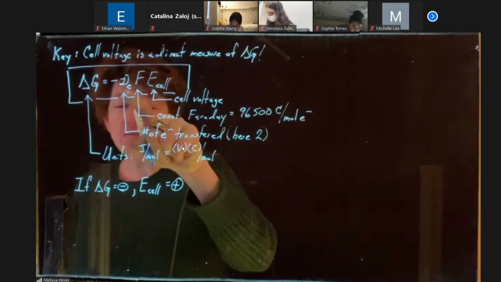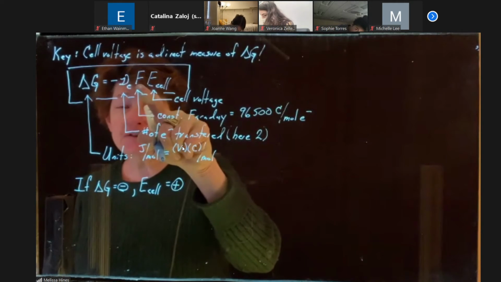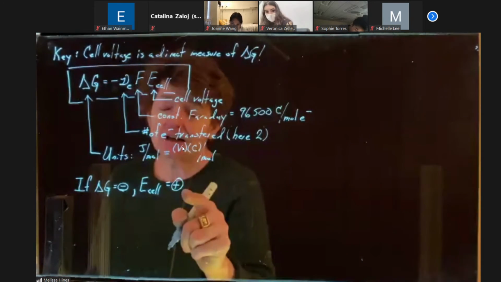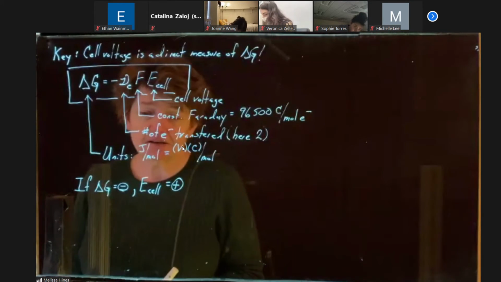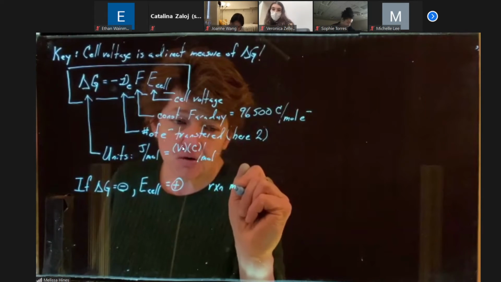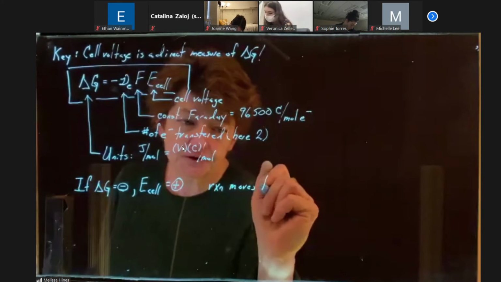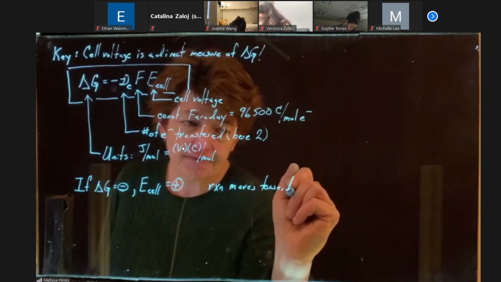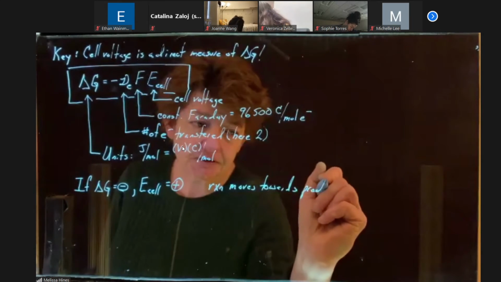Nu sub E is always positive, F is a constant, and so E cell is positive if delta G is negative. And if delta G is negative, our reaction moves towards the products.